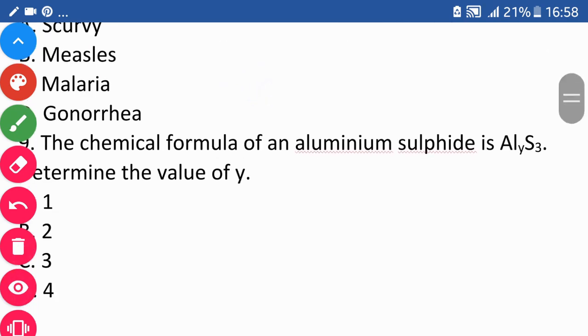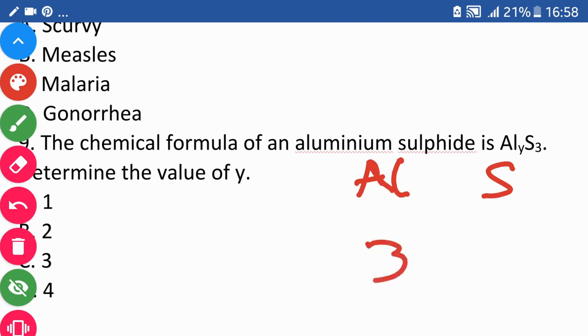Number 9, the chemical formula for aluminum sulfide is Al2S3. Now, this is what you do. Aluminium here, sulfur here, so the chemical symbols. The valency of aluminum is 3. The valency of sulfur is 2. Then you exchange them.